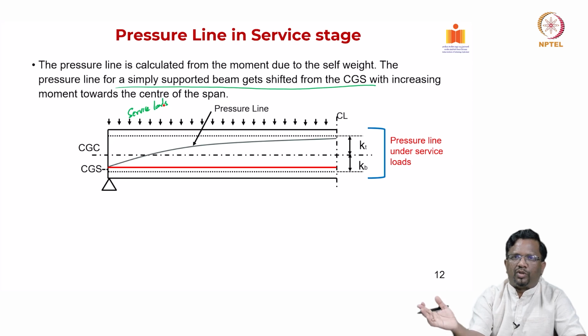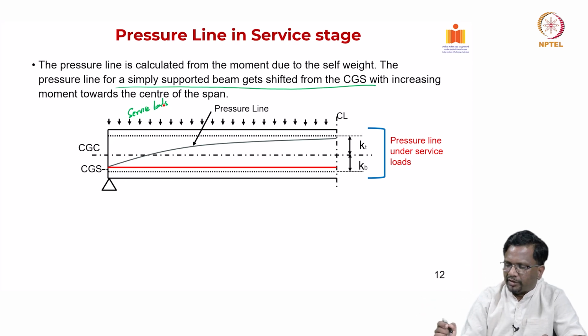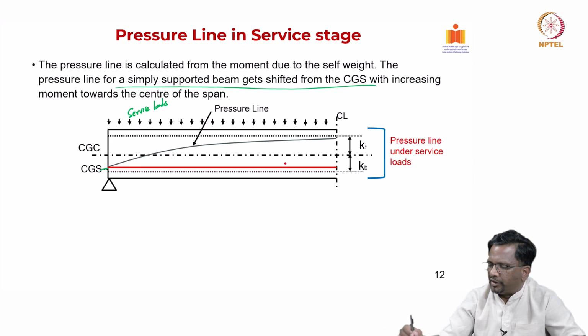That means C will move further away from your CGS. Again, the CGS is this red color line. C was originally here at this location, and now it has moved by this much distance in this cross section.